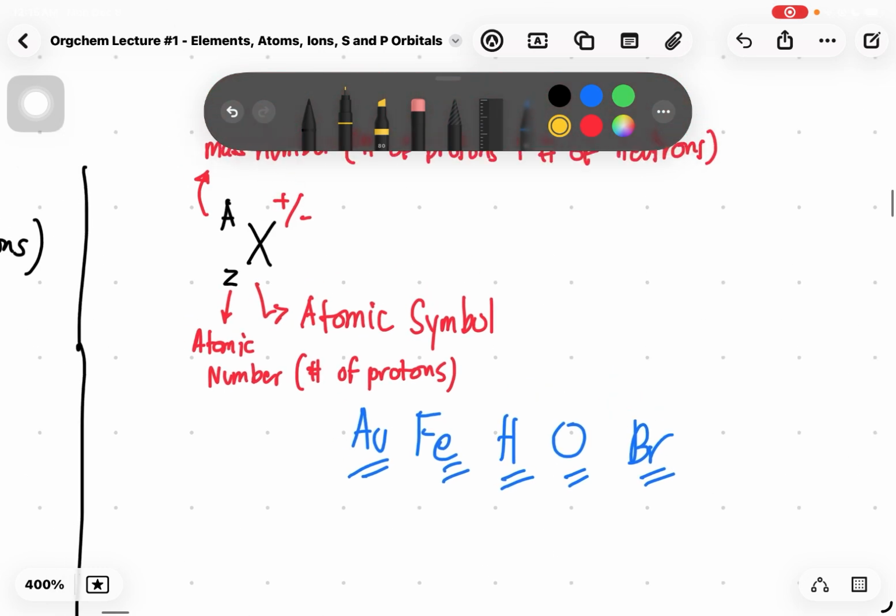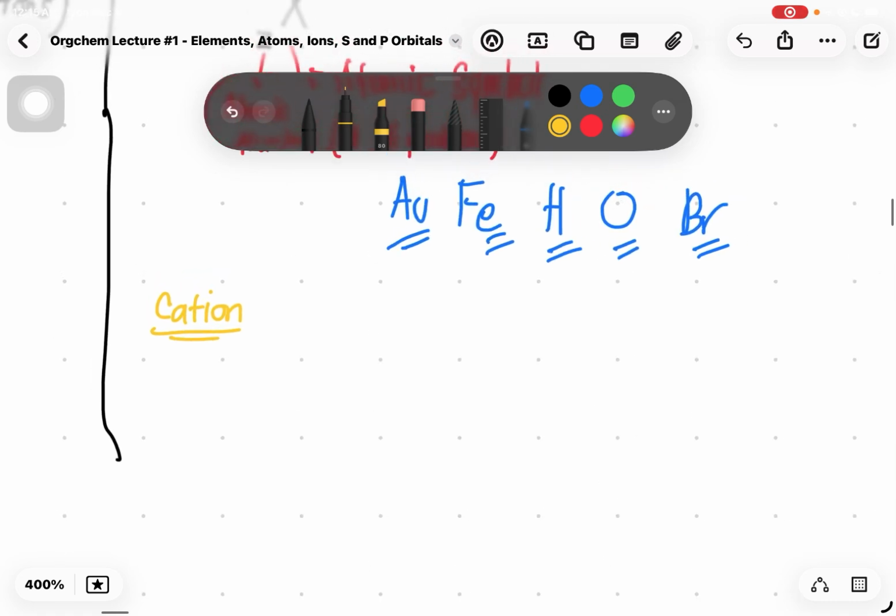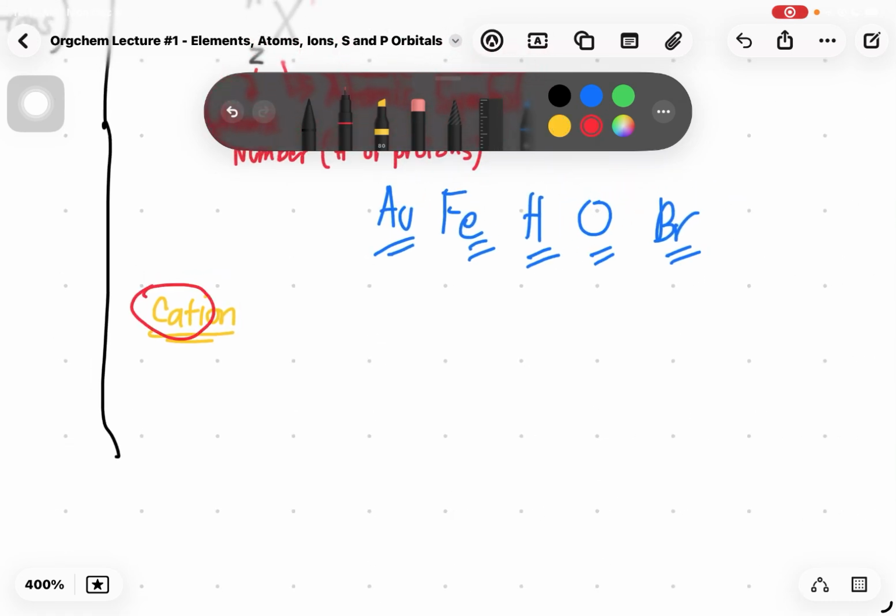Now let's find out what those two mean. So, a cation. An easy way to remember this is, let's highlight the word cat. We know that cats have paws, and paws is something we pronounce when saying the word positive.